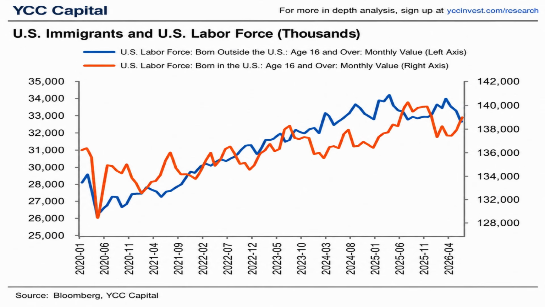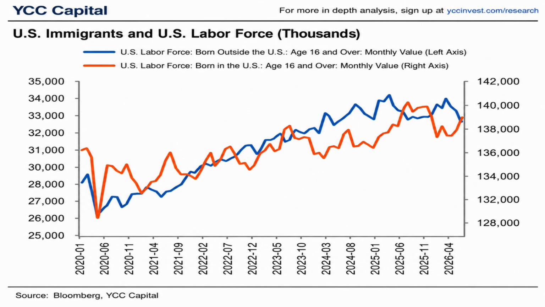By increasing the available pool of workers, stronger immigration has reduced upward pressure on wages, while allowing businesses to continue expanding without facing the severe staffing constraints experienced in 2021 and 2022. Meanwhile, the native-born labor force has grown much more gradually, reflecting slower population growth and demographic aging.